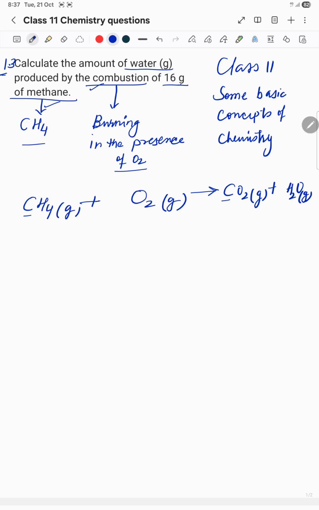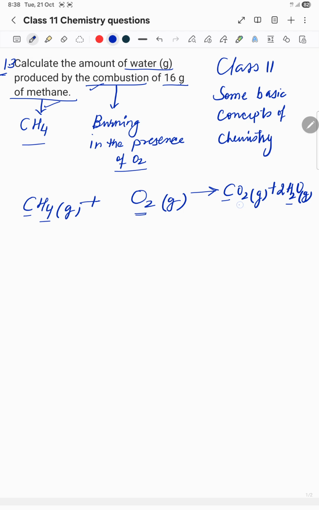Carbon is balanced over here. Hydrogens are 4 on the reactant side. There are 2 hydrogens on the product side. So to balance the hydrogens, we will add 2 in front of water. This is 2 moles of water. Now oxygen: on the reactant side, there are 2 oxygens.